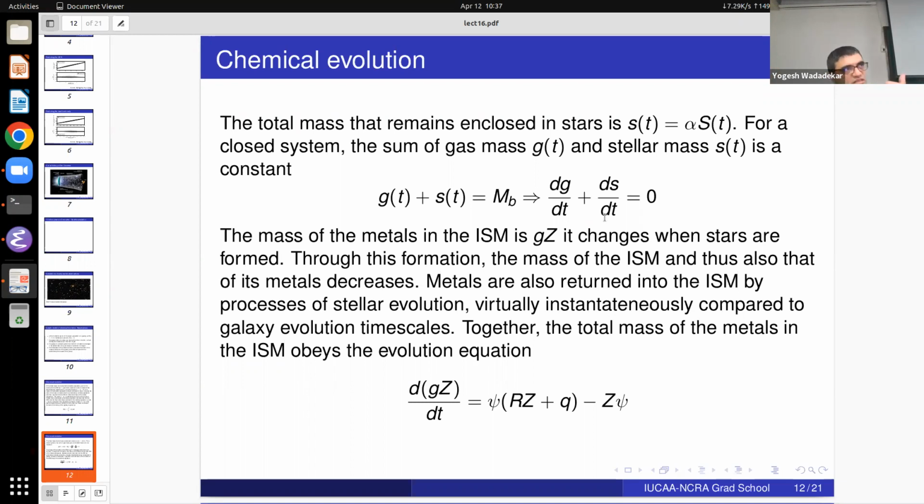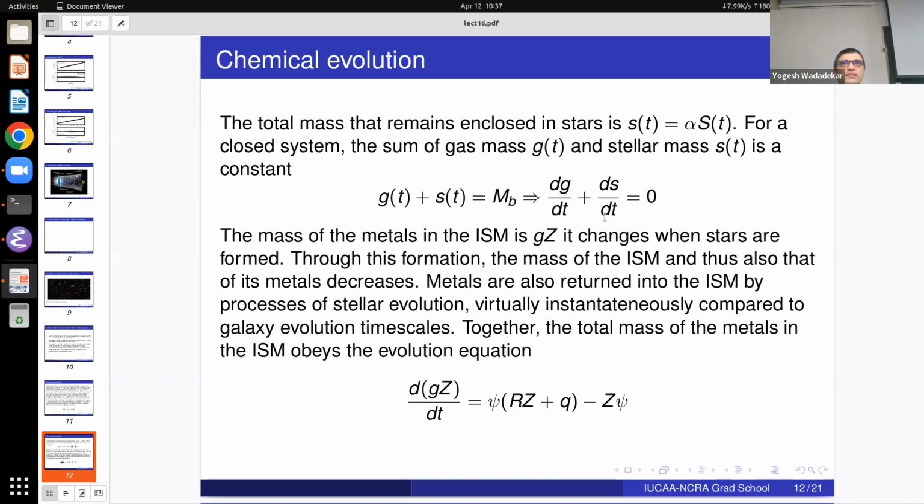But the reverse process also happens: transport of metals from stars into the ISM by the process of stellar evolution, virtually instantaneously compared to galaxy evolution timescales. Virtually instantaneously has the caveat that all this metal exchange is mainly happening via the more massive stars, right? Because those are the ones that can explode, give rise to the next generation, and then if the next generation is also massive, again return metals into the ISM and so on.